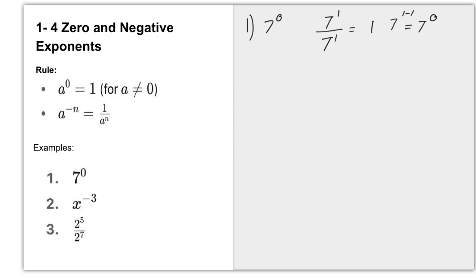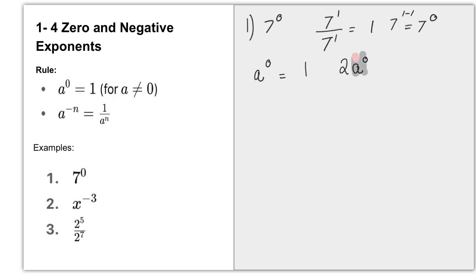Let's go ahead and do a few examples. So let's say I say a raised to the 0 power. Even though we don't know what a is, we know for sure it's going to equal 1, right? And what if I say, here's the confusing part, 2a raised to the 0 power? Now here's the important part. The exponents next to a number or a variable belong only to that number or variable, so these two are separate.